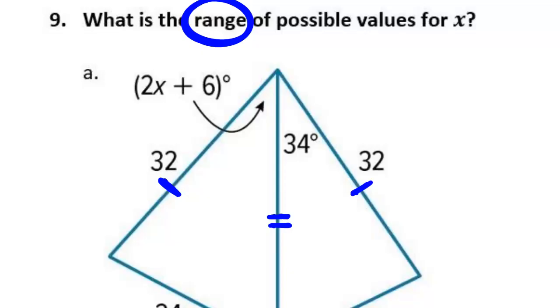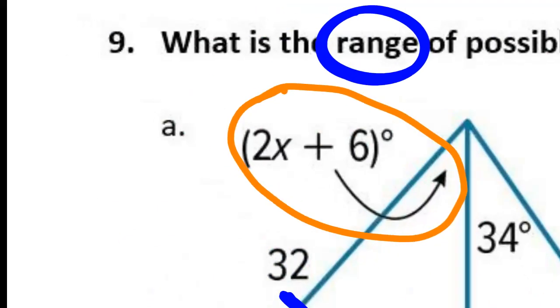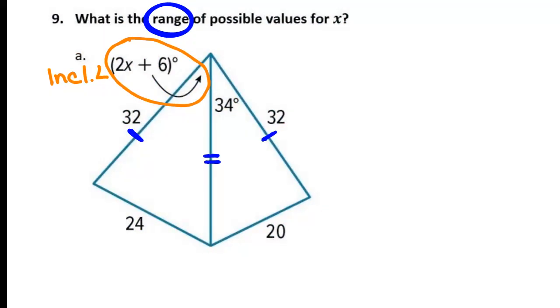Once I have identified my 2 pairs of congruent sides, then we're going to find the included angle. In between my 2 marked sides is going to be my included angle. So this is one included angle. And these 2 marked sides, in between there is this included angle.